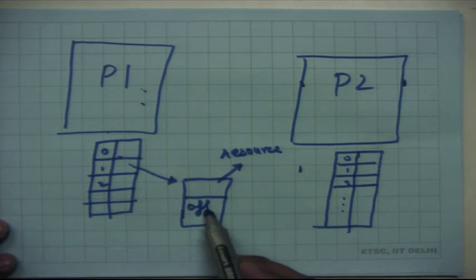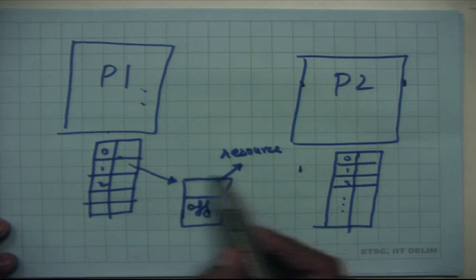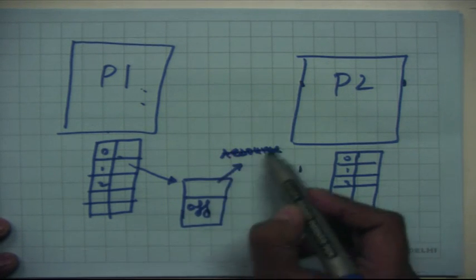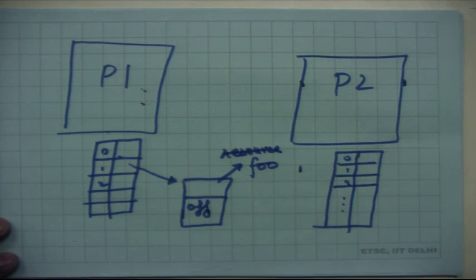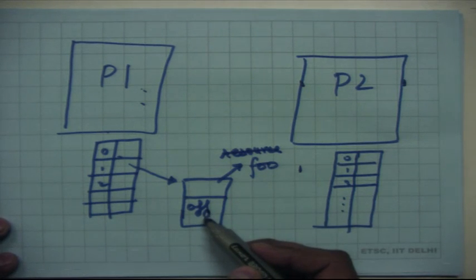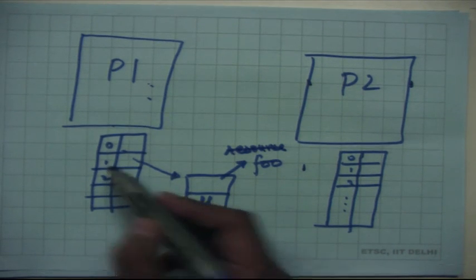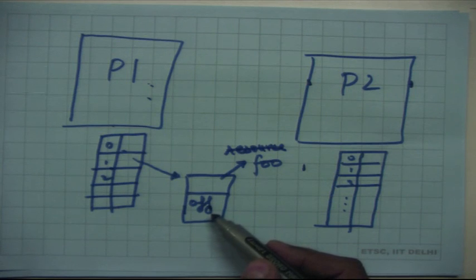So the offset is maintained inside the structure. So let's say the resource is a file foo, and then there's an offset inside the structure which says what's the current pointer at which this file is writing. So when I call a system call like write on file descriptor 1, it basically just starts writing at the current offset off.